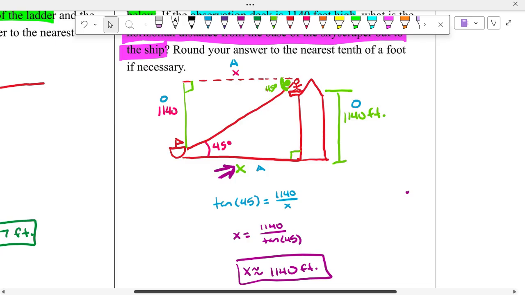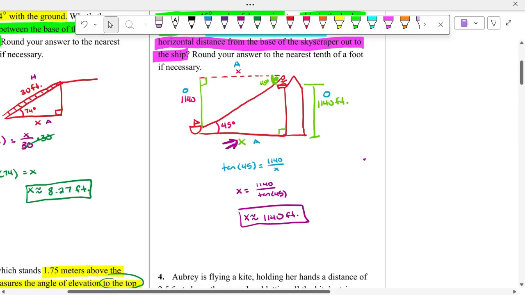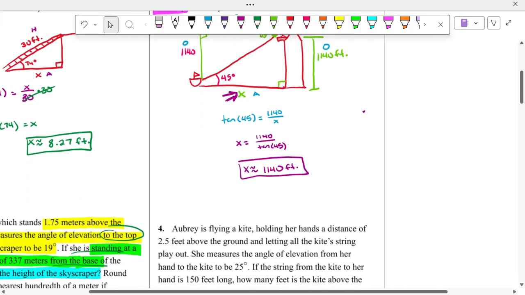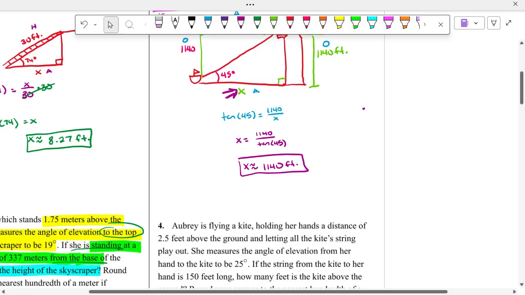So this technically would have been considered a special right. So that's where the disconnect was between me and you guys. That's where I was being like, what are y'all talking about? Because my brain's in trig, not special right triangle mode. Would it still be approximately? No, it's actually equal to it.